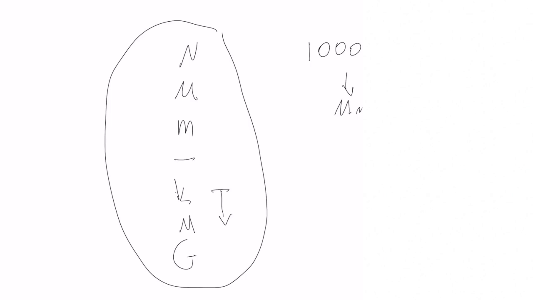So I'm going to decrease the orders of magnitude, and there's going to be 3 orders of magnitude difference between kilometers and megameters. So I know I'm going to reduce this final number by 3 orders of magnitude. So if I go from 1,000 kilometers to megameters, I'm only going to be left with 1 megameter. And you want to practice these over and over and over again until you can do this in your head.